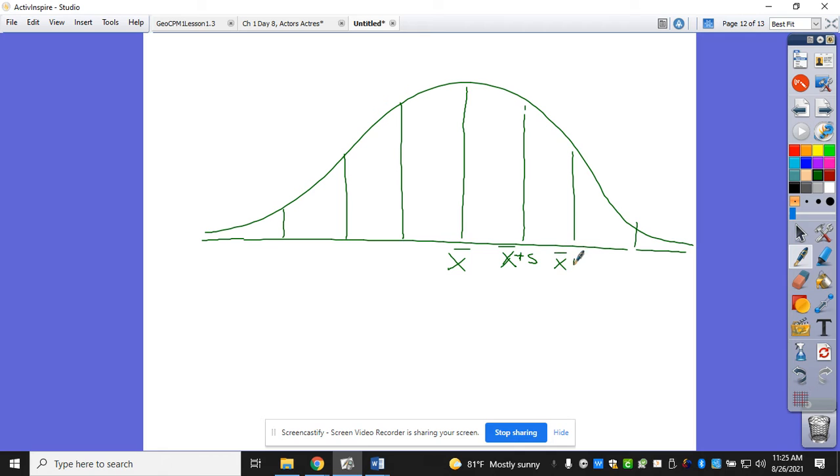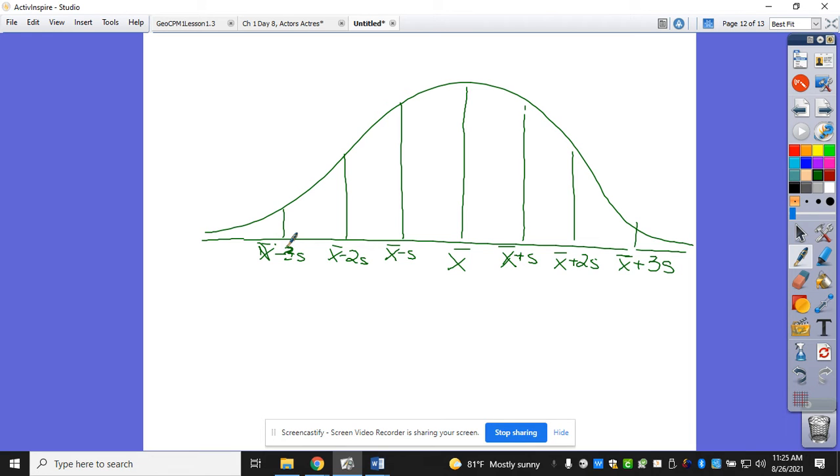This would be my mean plus 2 standard deviations. Mean plus 3 standard deviations. So what would it be going the other way? Minus. You're not going to be able to read that, but you'll know what you're writing there.